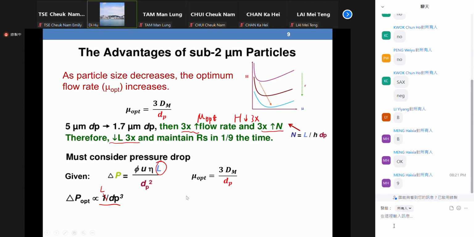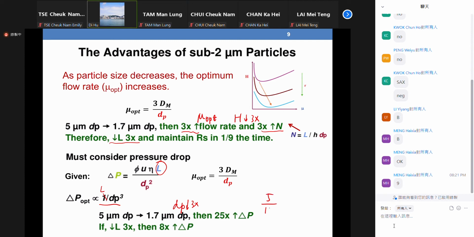When the dP decreased by 3 times, it would be about 27 times, but the reason it is just 25 is that actually 5 divided by 1.7 is equal to 2.94, not really 3. So triple it, it's about 25.